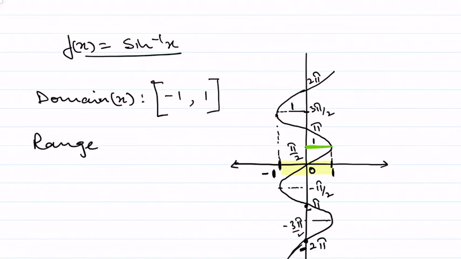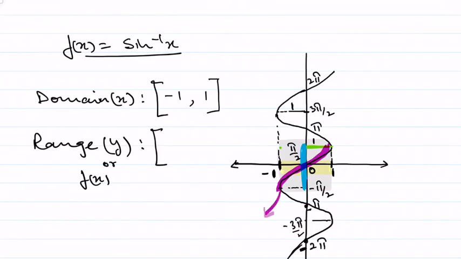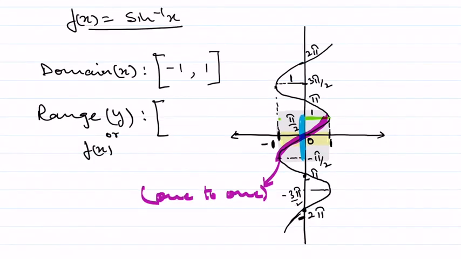And the range, that is y or f(x), will be from -pi/2 to pi/2, because in this range the function will be 1-to-1, and it will pass the horizontal line test too.